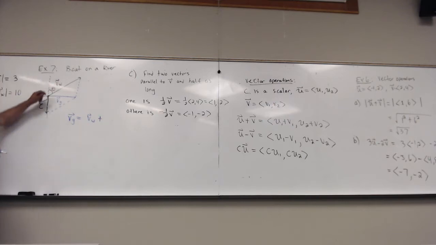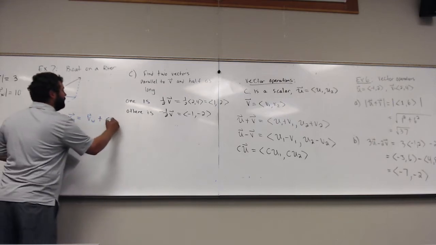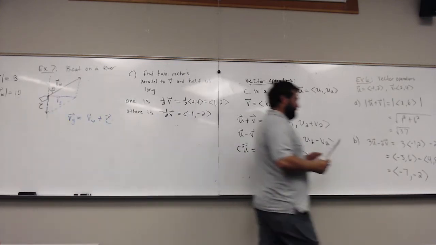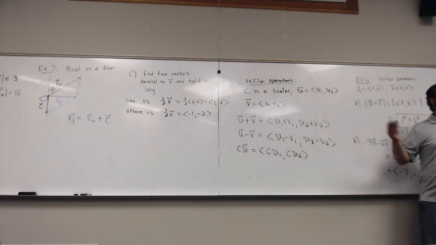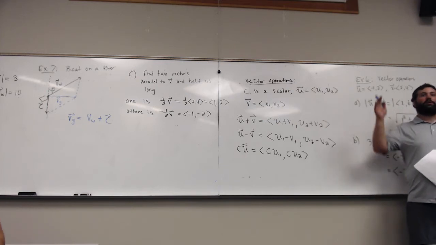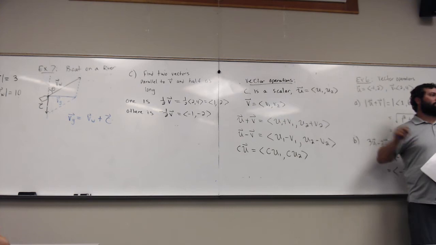We're going to take the initial direction vector, and then we're going to add the current vector. The resulting vector is going to give us the direction we're actually traveling. So the resulting direction is really just the sum of the two other vectors, one giving you the initial direction of the boat and the other the direction of the current.